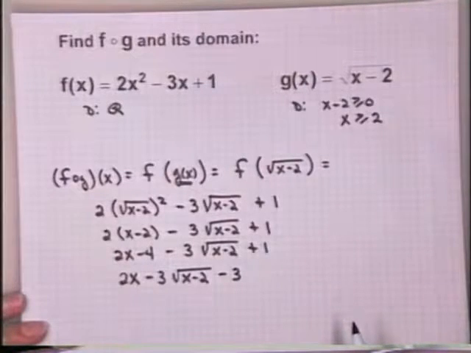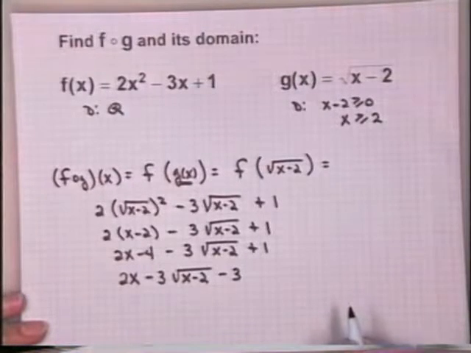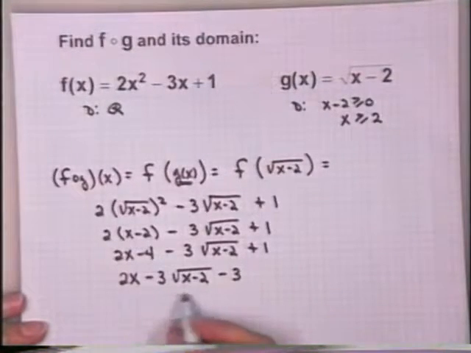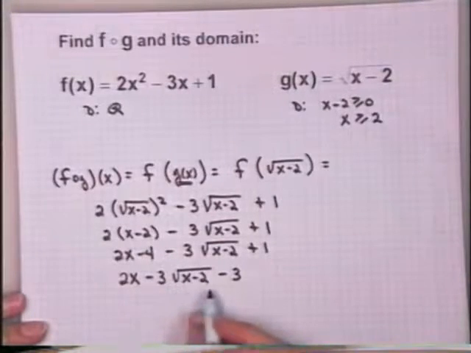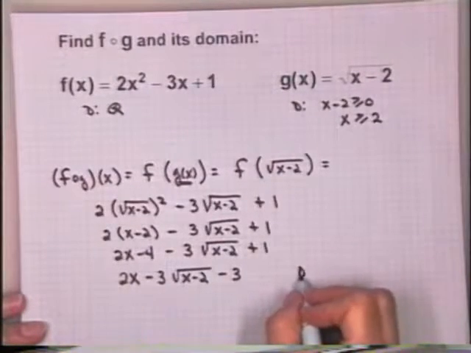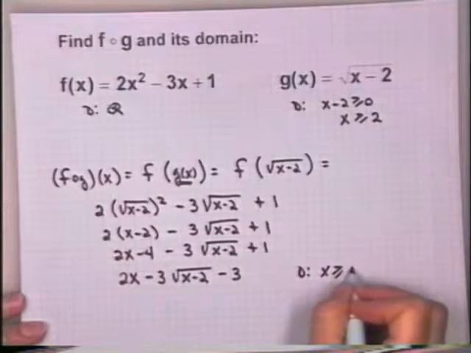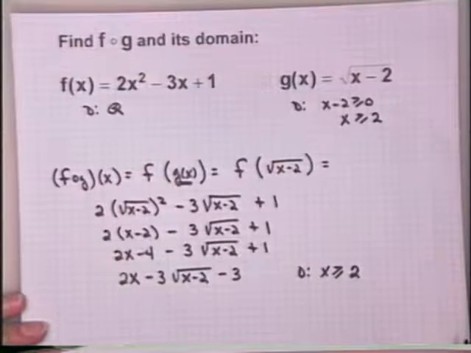Now, looking at this new composition function that we have, do you see a problem with any particular value of x that we might not be able to use? Look at this term right here. We still have that radical, don't we? So it's still obvious here that x cannot be less than 2, can it? So x has to be greater than or equal to 2 for the domain. We can see that from this.